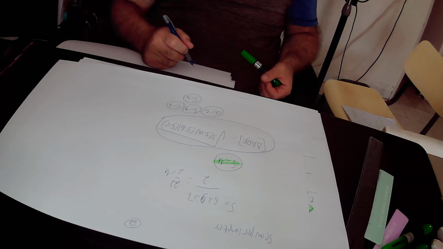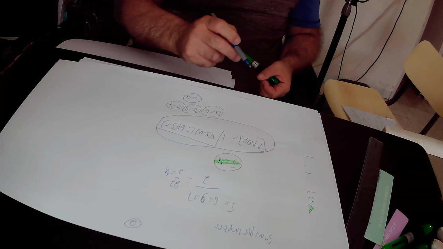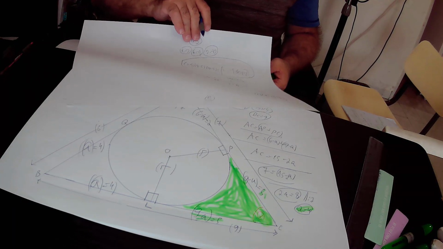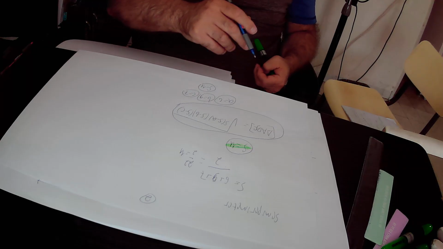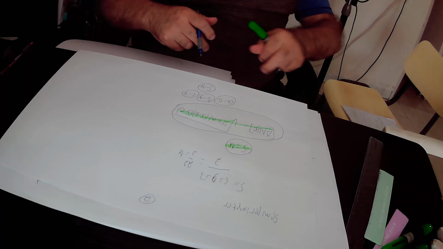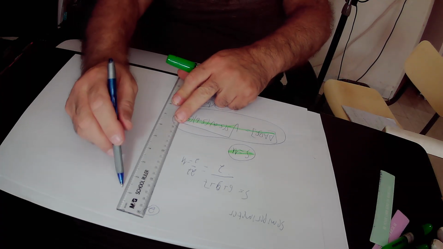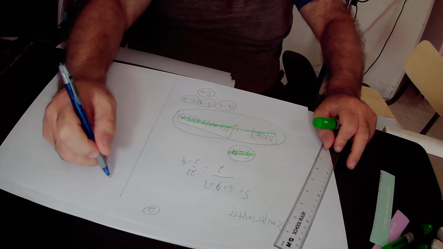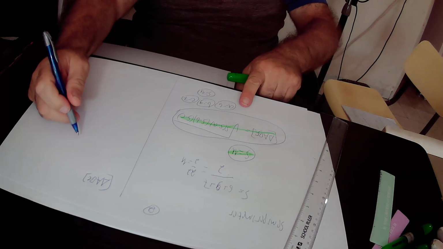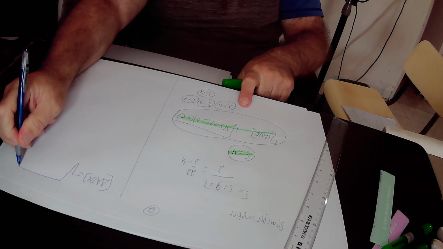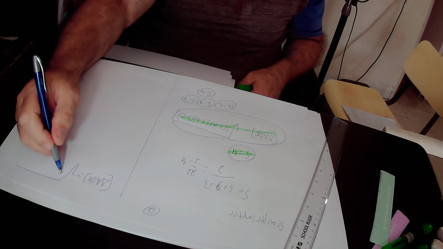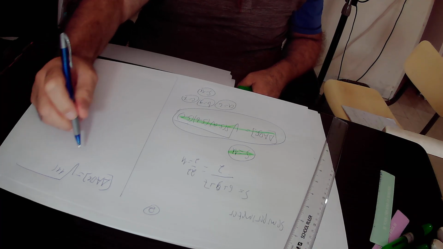So the only thing left to do is to put the data inside this special formula and find the area of this triangle ABC. According to this formula, the area of our triangle ABC is equal to the square root of S, which is 11, times S minus a.